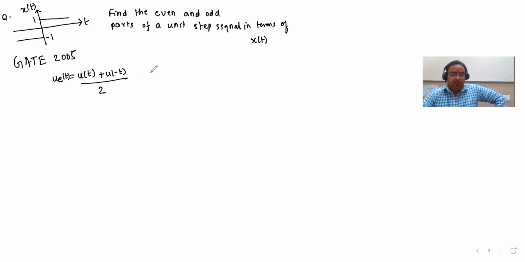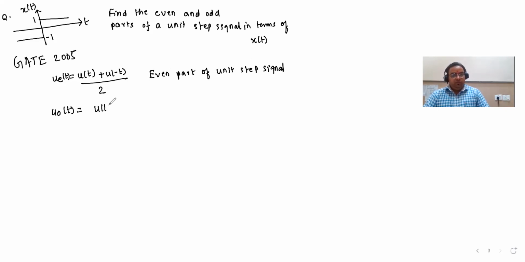And the odd part of the unit step signal is u of t minus u of minus t by 2.